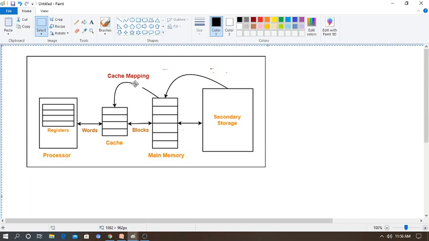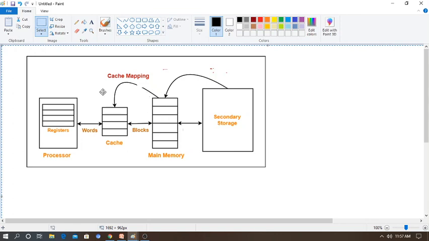Unfortunately, if not, that is called a cache miss. That means the information we are searching for is not available, so it moves to the main memory, and from the main memory the information moves to the cache and at last to the processor. Then we can view the data. These are called the transfer of information, the mapping.